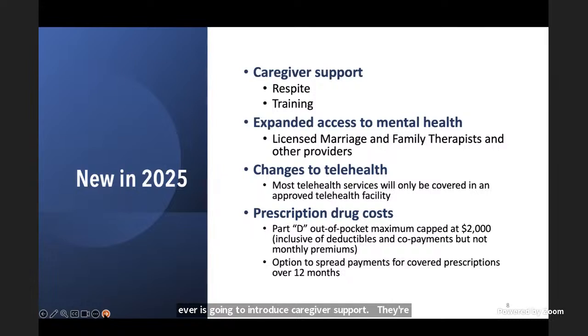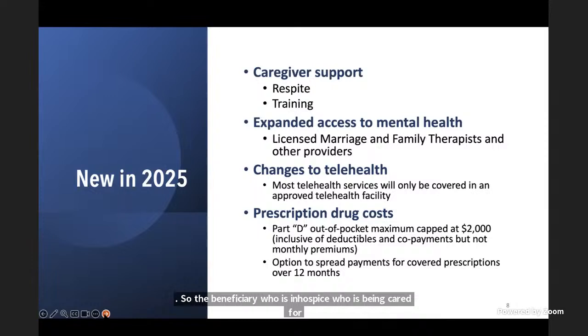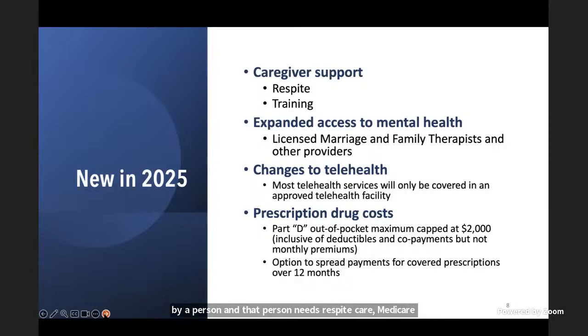So the beneficiary who's in hospice, who is being cared for by a person, and that person needs respite care, Medicare will have some benefits available for respite care, but again, limited. It's a start, but it is isolated to individuals on hospice. So that's a step in the right direction.